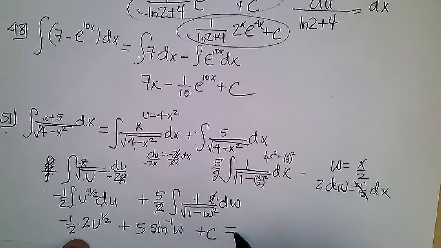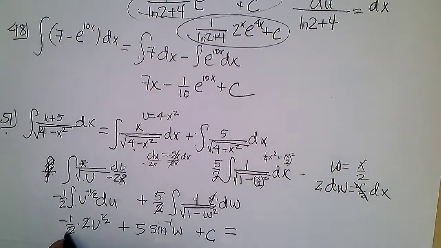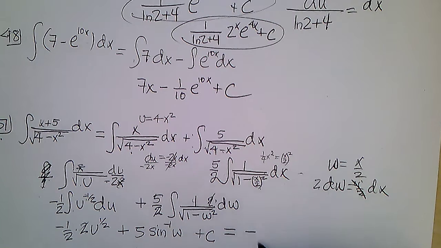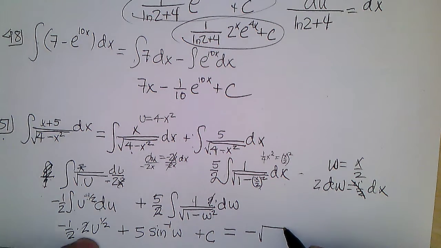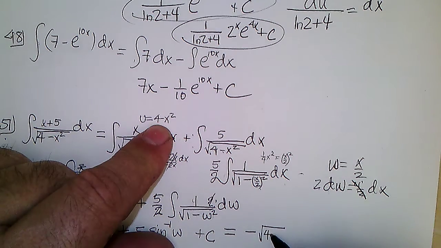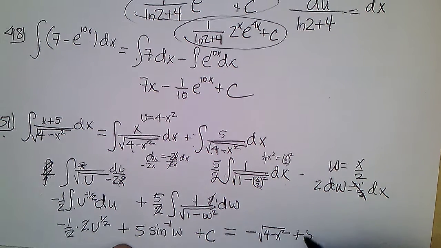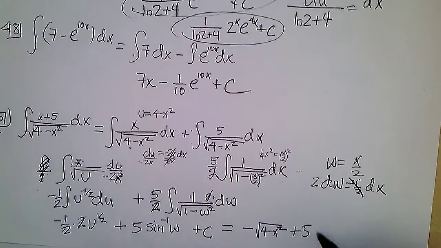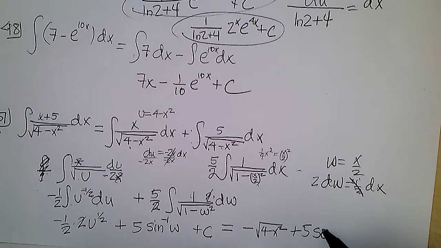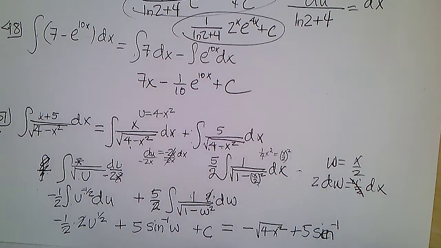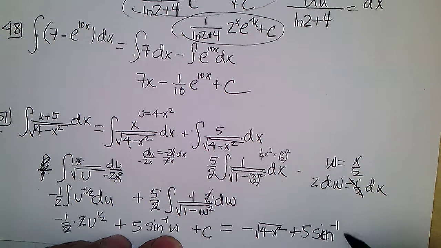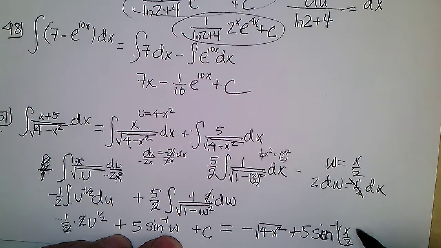So this becomes, the 2's cancel, minus the square root of this u was 4 minus x squared plus 5 sine inverse of w, which was x over 2.